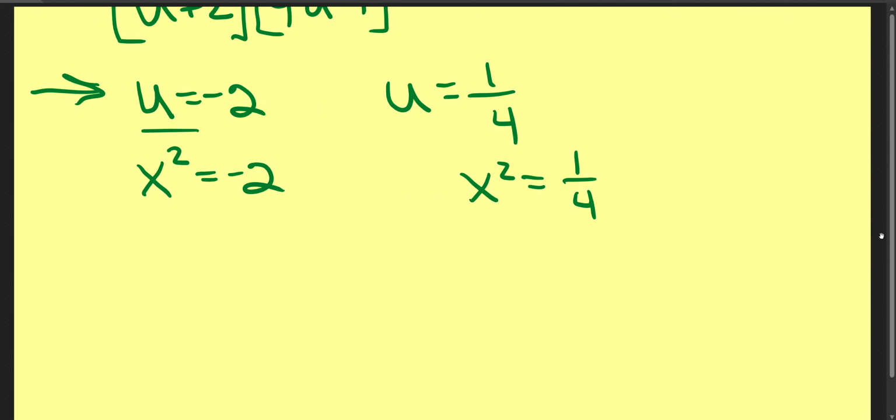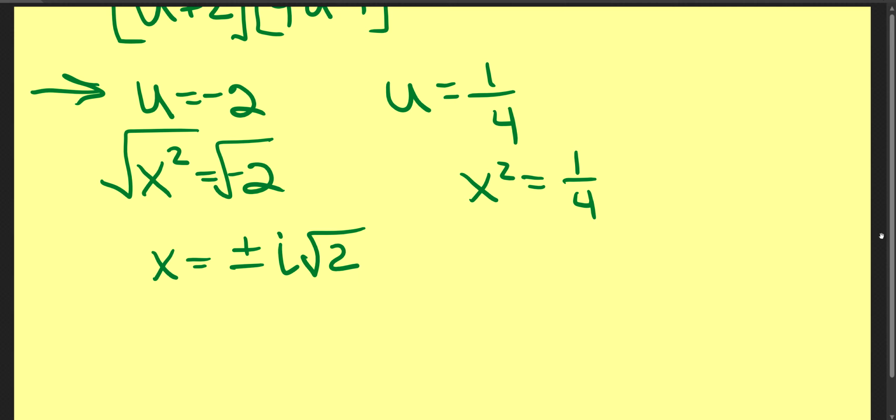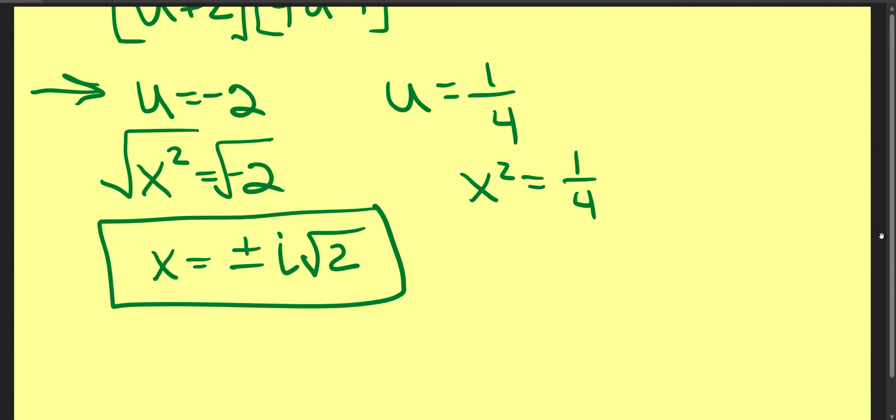So one answer, I'm going to square root both sides, so x is going to equal plus or minus i root 2. There's a square root of negative 1 times 2. And that's one answer here. It's imaginary.